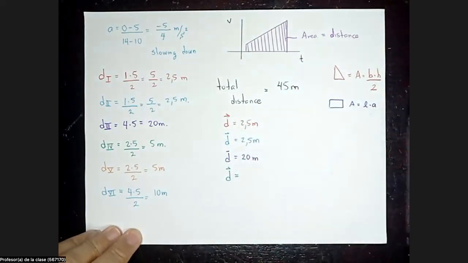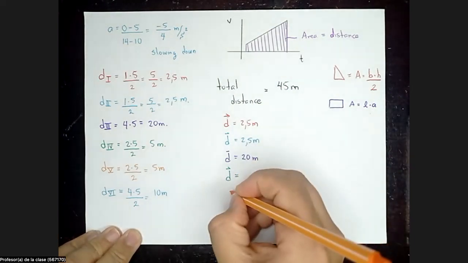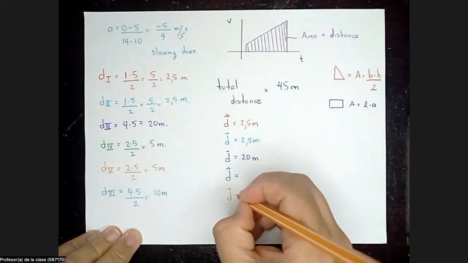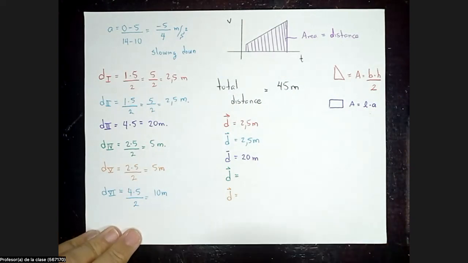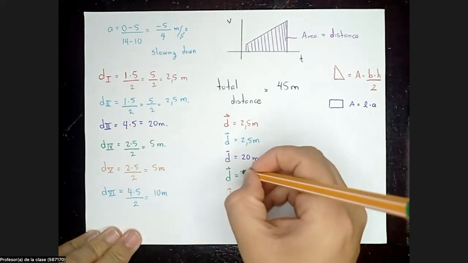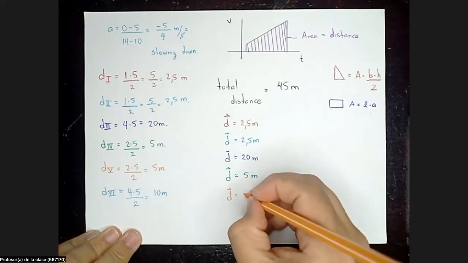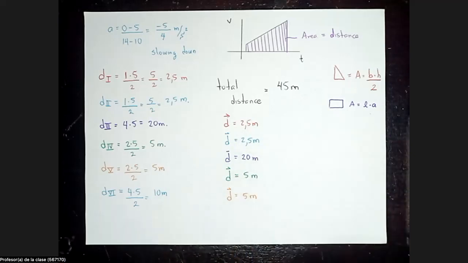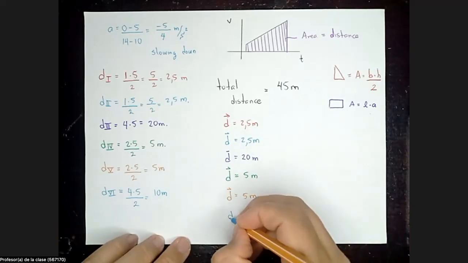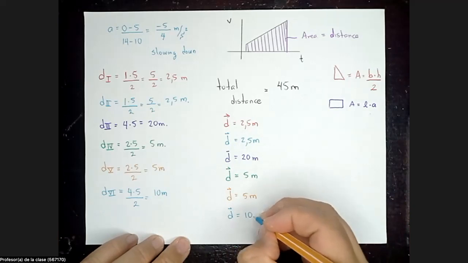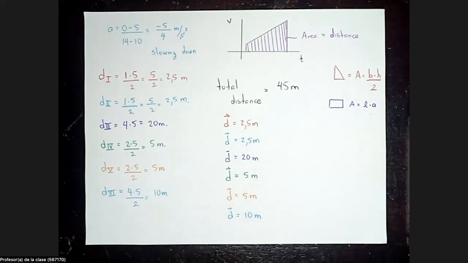This is displacement. And the displacement, of course, is going to be in a direction at the end. So let me see, I will write it. Okay, on the first interval, the displacement.